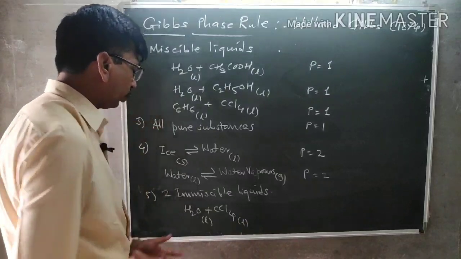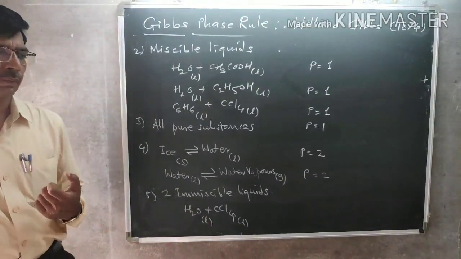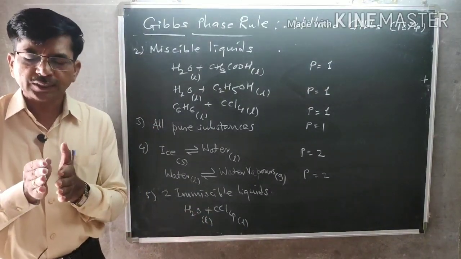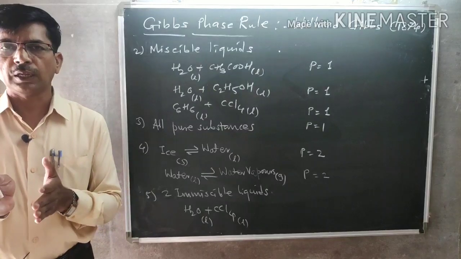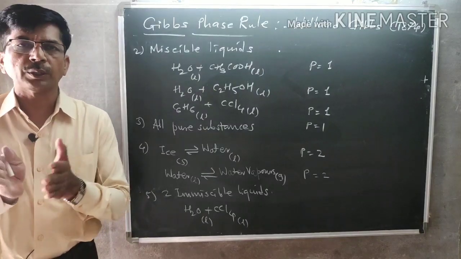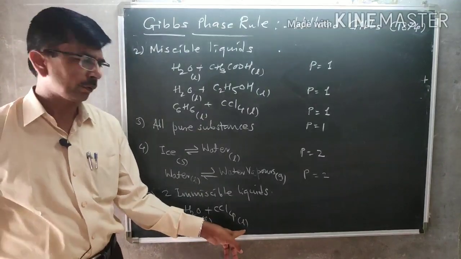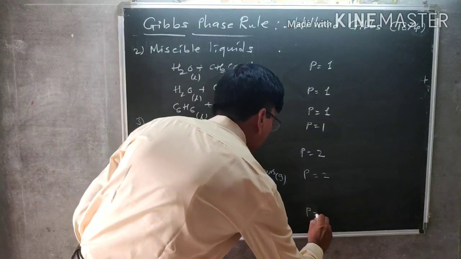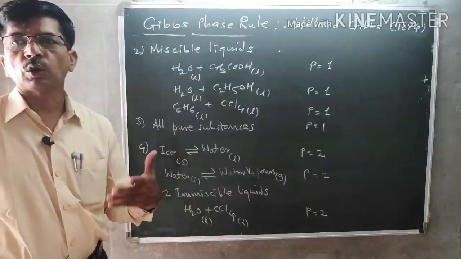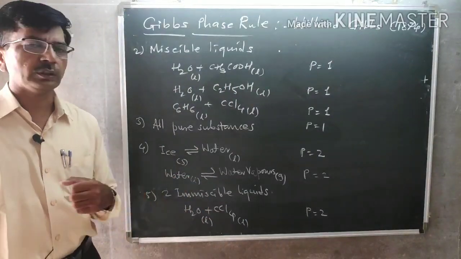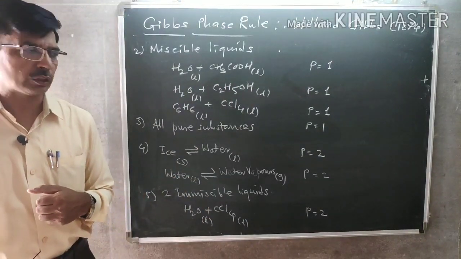Remember, both are in liquid state, but we can separate them by using a separating funnel. There is a boundary of separation between them, and hence though both are in liquid state, we have two different phases. One is water and the other one is the oil phase, or the carbon tetrachloride phase we say.